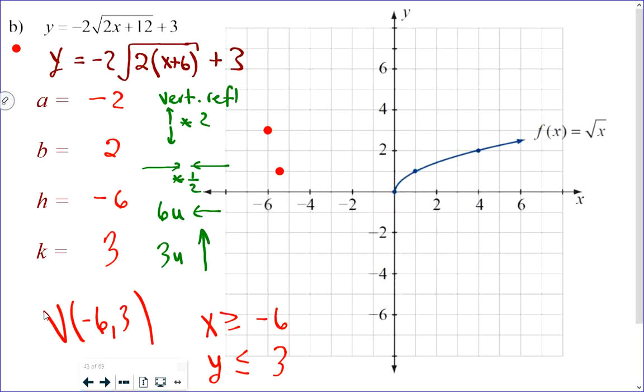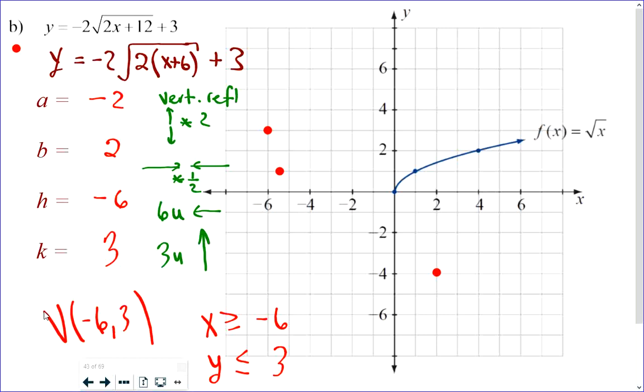Let's do one more. I reflect vertically, and then I stretch vertically by a factor of 2. I hope it's clear, although I don't know that I've ever told you this. I could have stretched it and then reflected it, and it ends up in the same place. I stretch that horizontally by a factor of a half. It's going to be half as close. And now I shift it 6 to the left and 3 up.